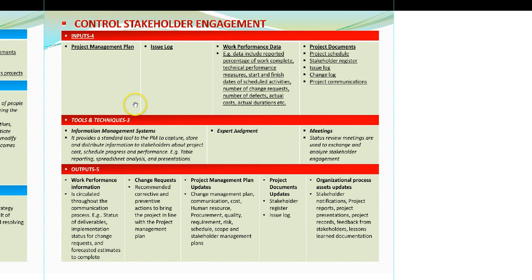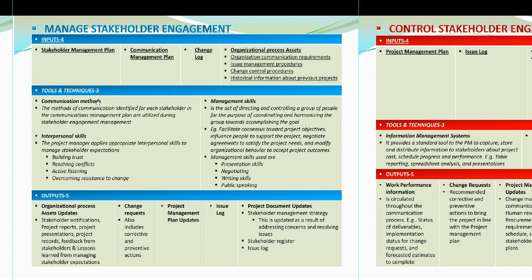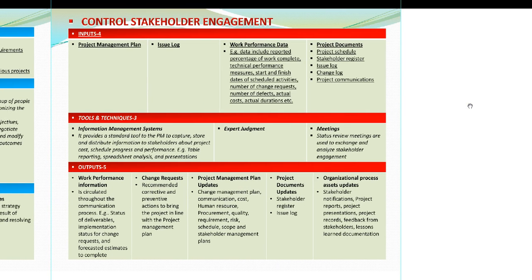Now, the last one of all these 47 processes is control stakeholder engagement. So this one was managing stakeholder engagement, and the red one obviously is in the control process group, which is controlling the stakeholder engagement. Now we have 4 inputs, 3 tools and techniques, 5 outputs, and we are doing it through an information management system.